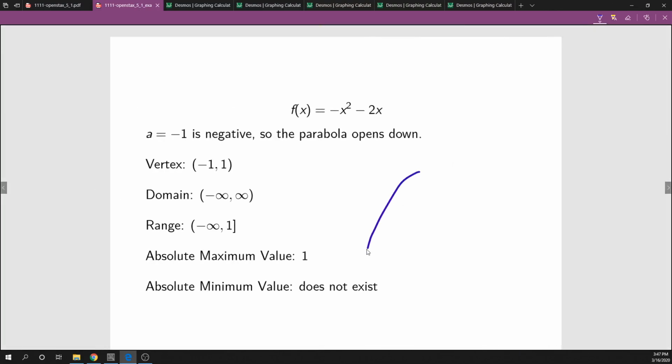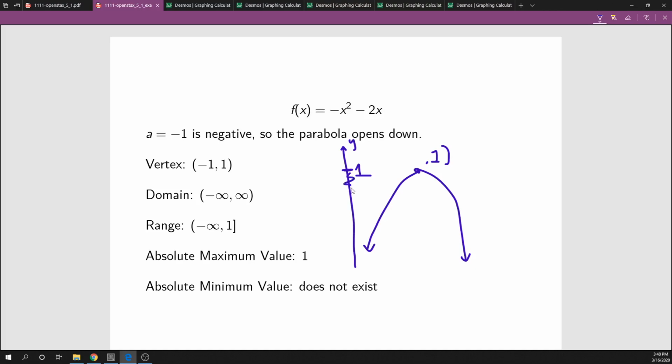So it looks like this. It opens down. If this is the y-axis, which this is not an accurate drawing because really it should be over here. We'll see an accurate drawing in a minute. But we know that this vertex has a y value of 1, and that's the highest point on here, so that would be the absolute maximum value.